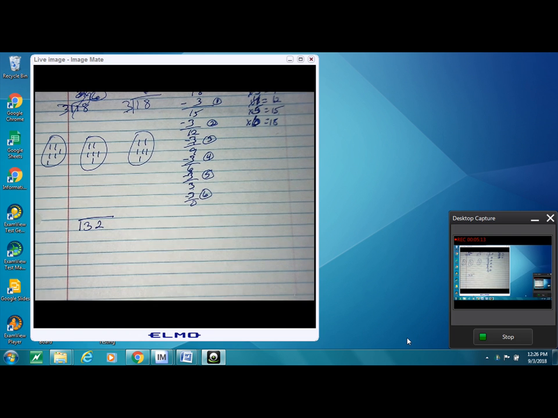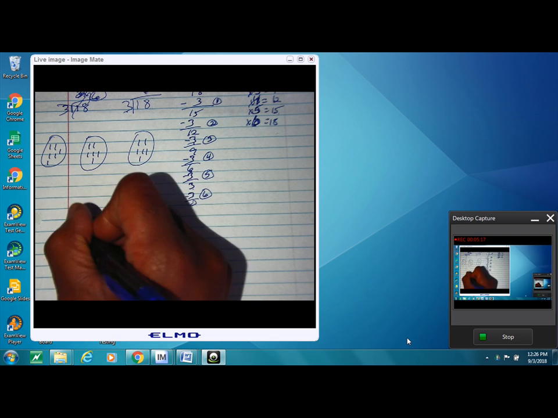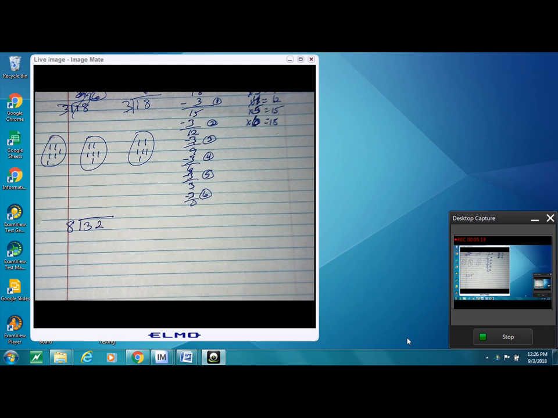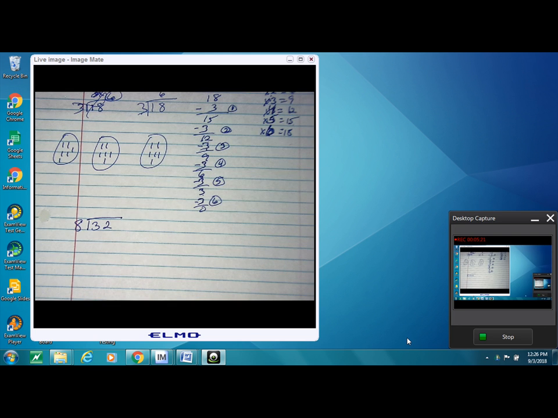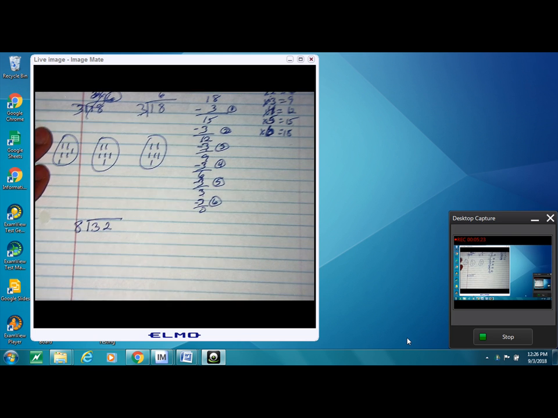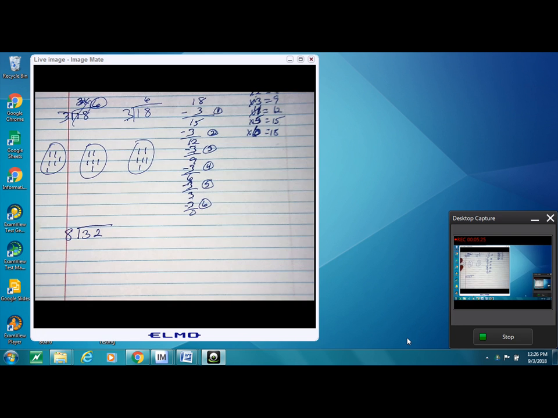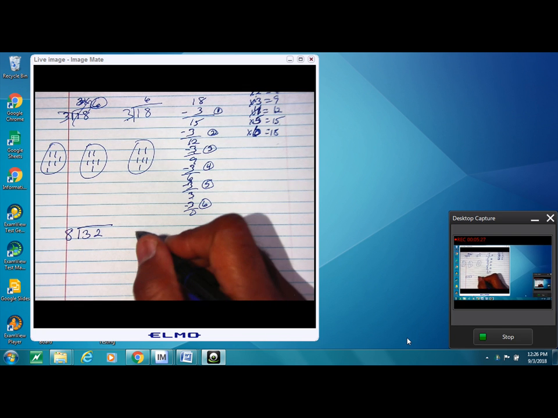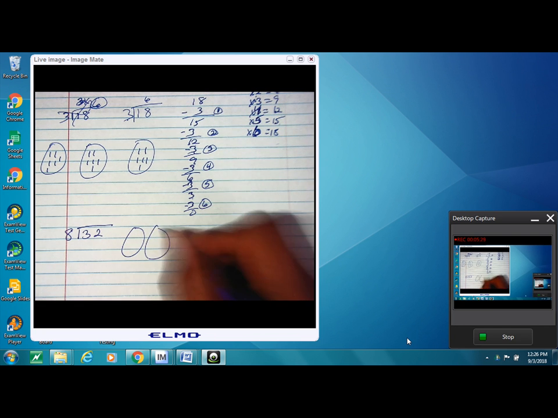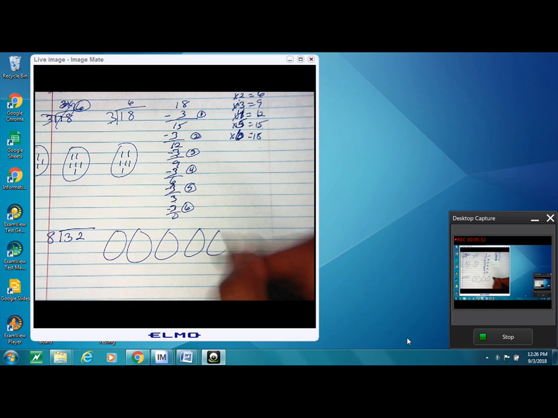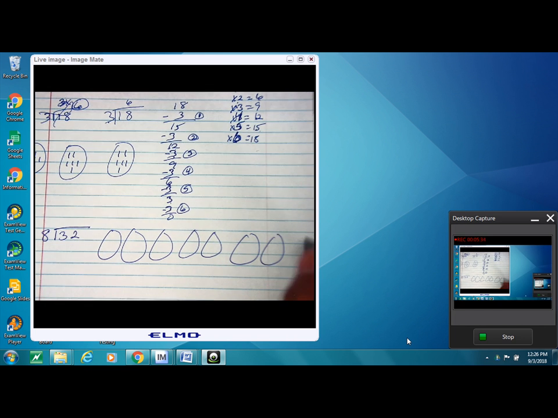So we're going to do 32 divided by 8, okay? Again, what you can do is you can draw 8 circles. 1, 2, 3, 4, 5, 6, 7, 8.